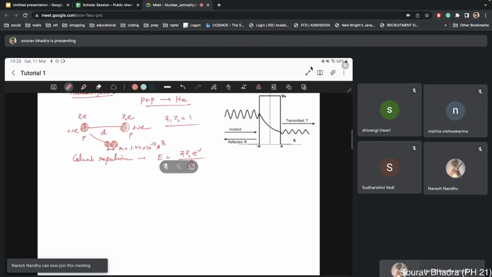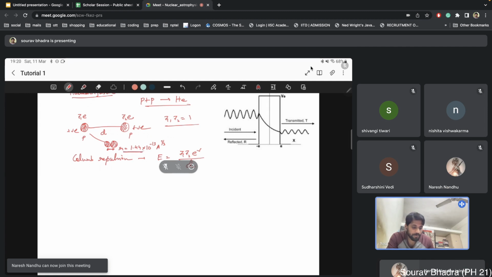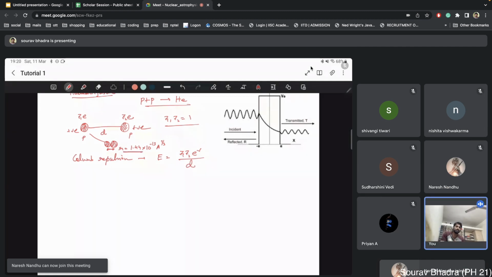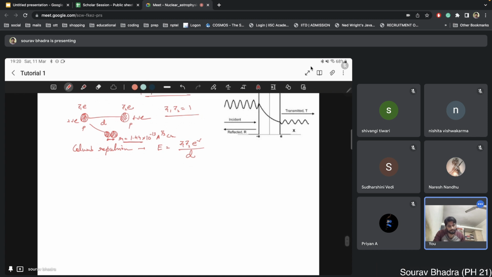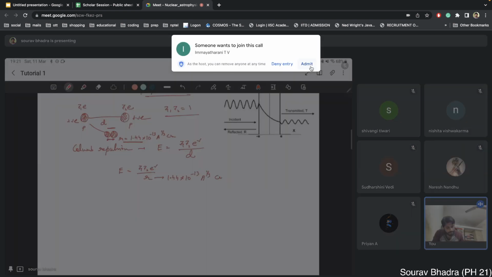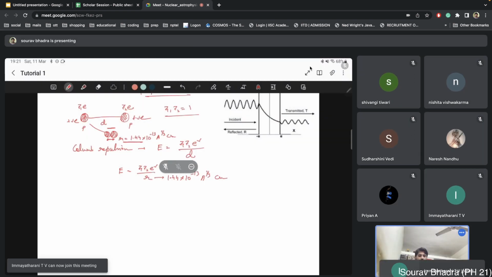Okay. So, if the distance is 1.44 times 10 to the power minus 13 centimeter times A to the power 1/3, where A is the atomic number, then this reaction will happen. This is a theoretical value, and at this distance the energy will be Z1 Z2 e square by r, where r is 1.44 into 10 to the power minus 13 A to the 1/3.